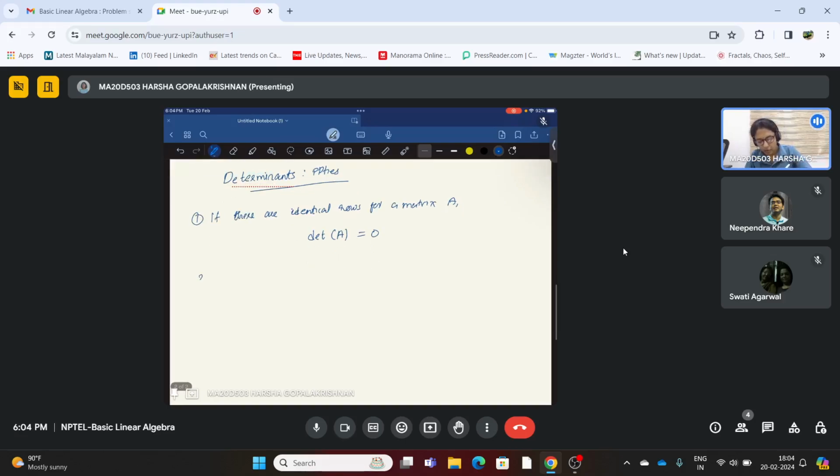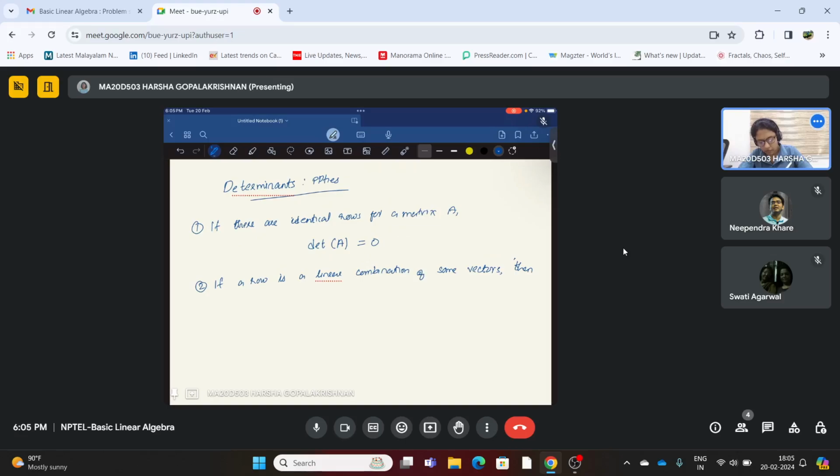Okay, so the second property is, if a row is a linear combination of some vectors, then determinant is a linear combination of corresponding matrices. So if there is some row, it is a linear combination of some two vectors.